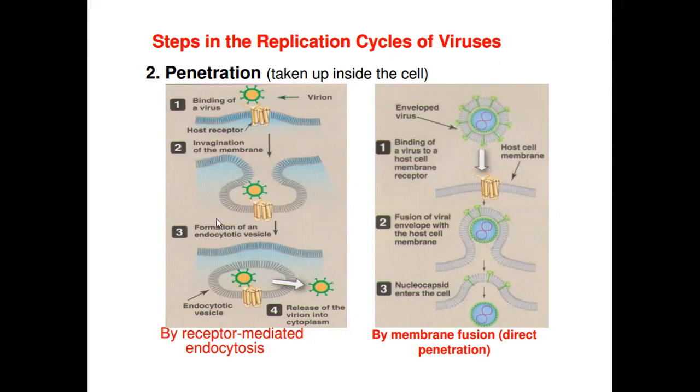They make the host cell engulf them. But enveloped viruses usually use the way of fusion of the envelope with the cell membrane. And then after fusion, the virus destroys this membrane and goes inside the cell.